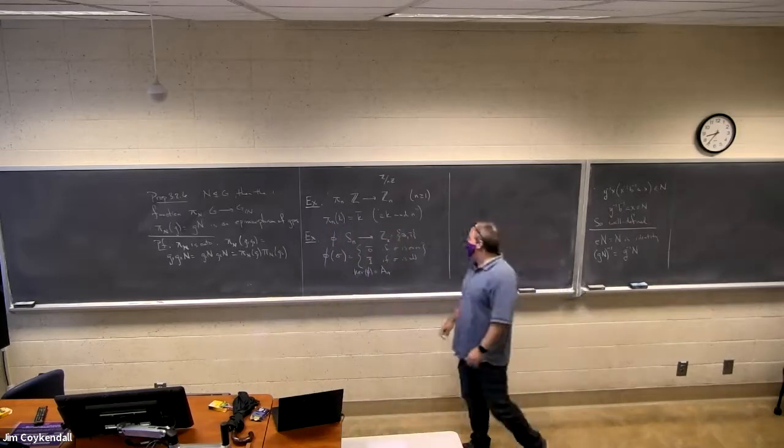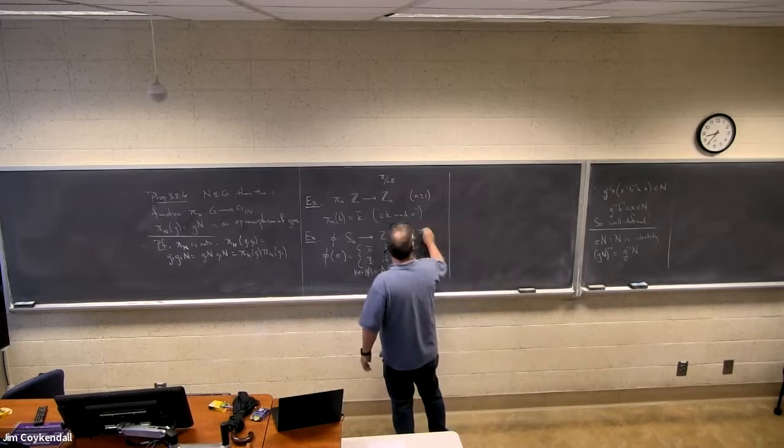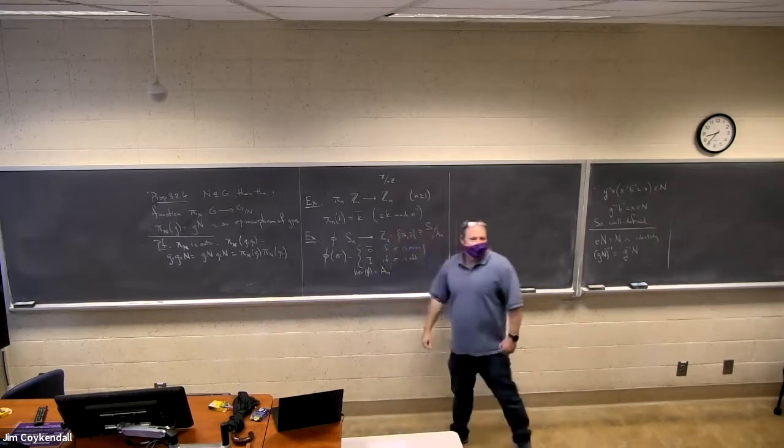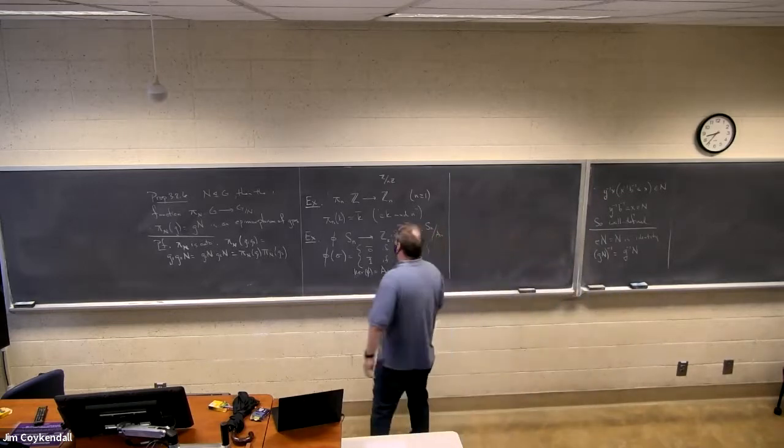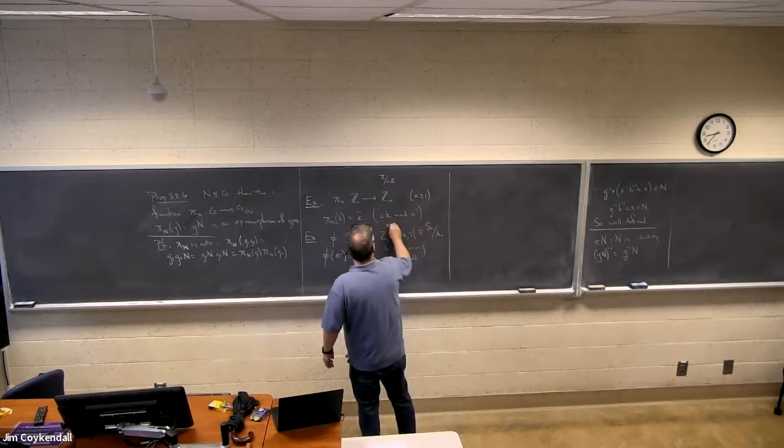So you can identify this with Sn mod An. And here, I guess what I want is n to be greater than or equal to 3. Well, yeah, n is greater than or equal to 2.